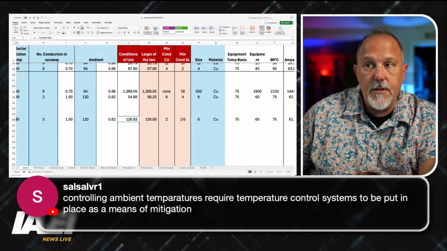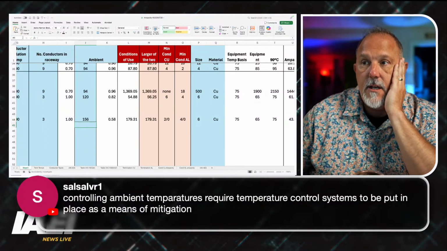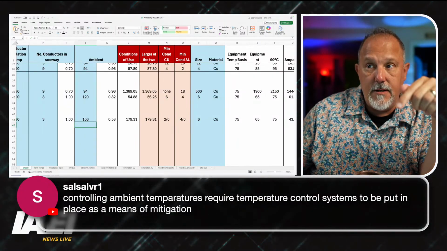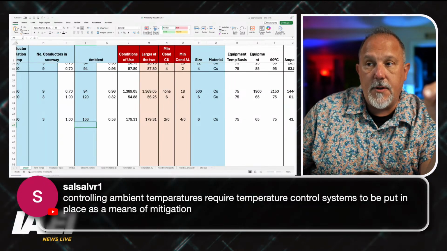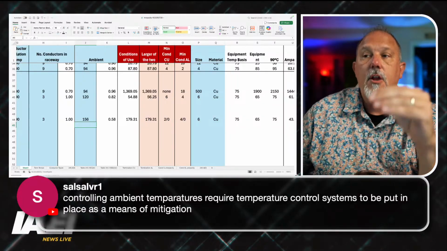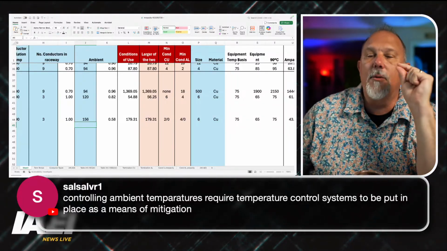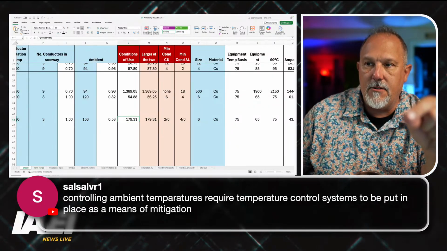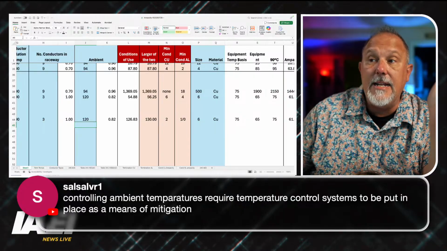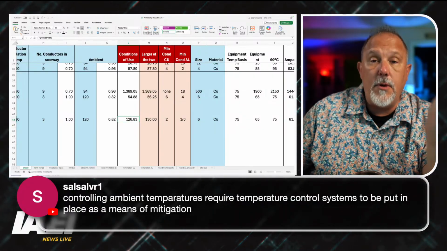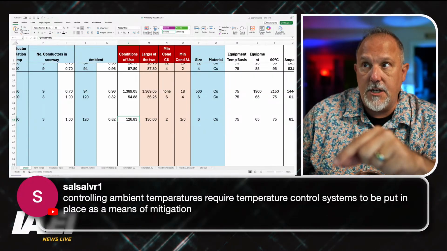If I had 156, my multiplier goes down, which means the required ampacity, not the ampacity of the conductor, needs to be 179. So if I do 120 degrees Fahrenheit, I need at least 126.83 amps of conductor for this application.